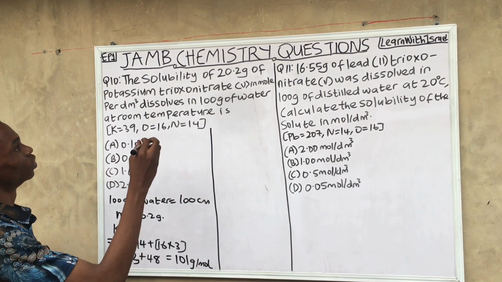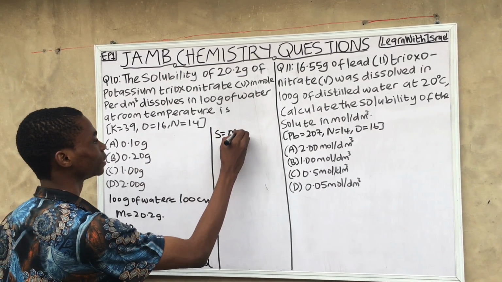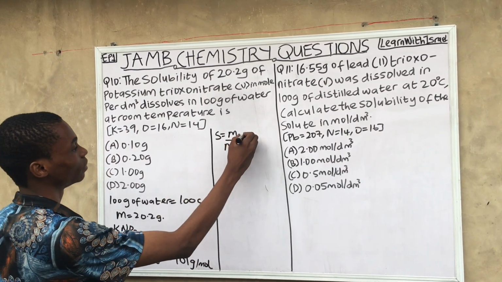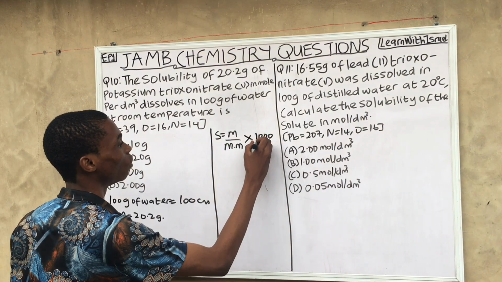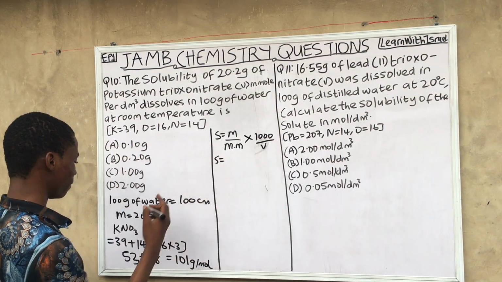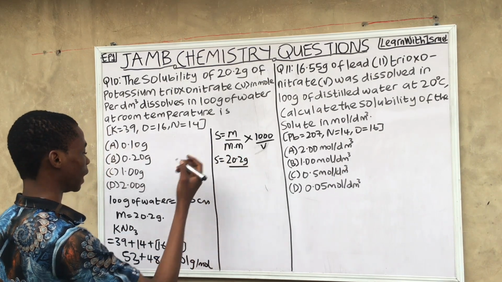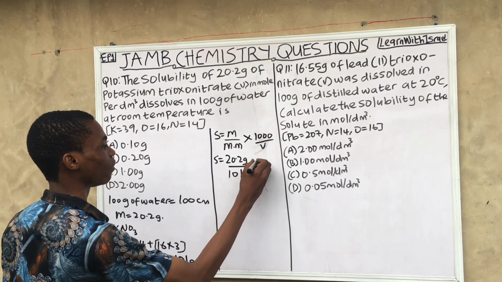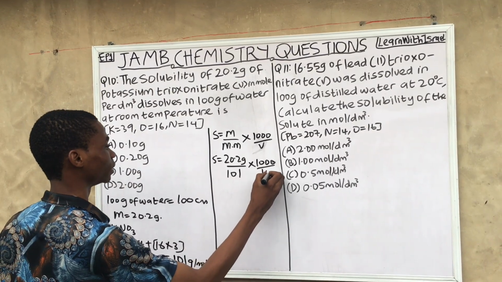So let's solve. The formula for solubility equals mass over molar mass, multiplied by 1000 over volume. So what's our mass? Our mass is 20.2 grams, and our molar mass is 101, multiplied by 1000 divided by 100, which is the volume.